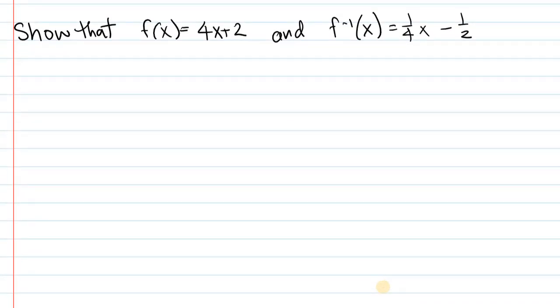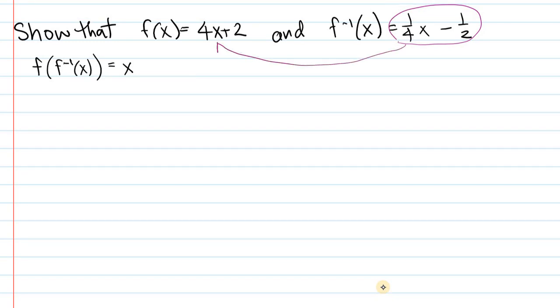In order to do this, we're going to use function composition. We're going to show that f of the inverse of x is equal to x. We do that by plugging this value into the x of the function.